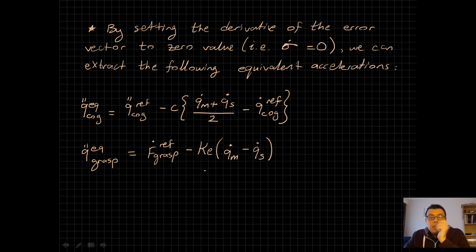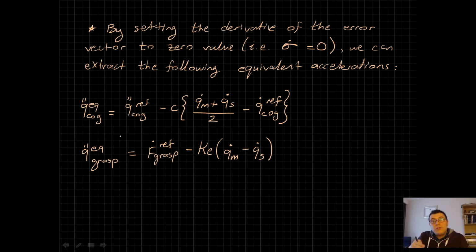Well, let's spend some time to have a look at these structures. Once again, these equivalent accelerations are very similar to the desired accelerations with certain differences. They're actually the desired accelerations without the convergence term. So if you directly give these accelerations to the system, you'll see that the error stays stable. If you have some error, it will remain as is forever.